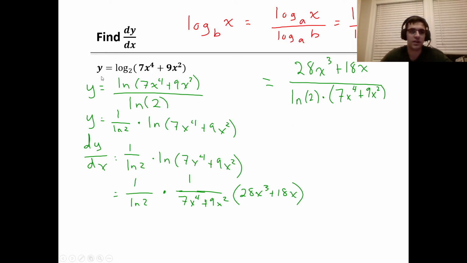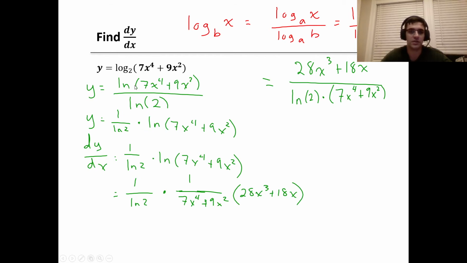If I derive y equals log base 2 of our polynomial, I'm going to rewrite this first before I derive anything. I'm going to rewrite this as y equals the natural log of our polynomial divided by the natural log of our base 2. Now we have it in terms of natural log. The natural log of 2 is just some constant value.